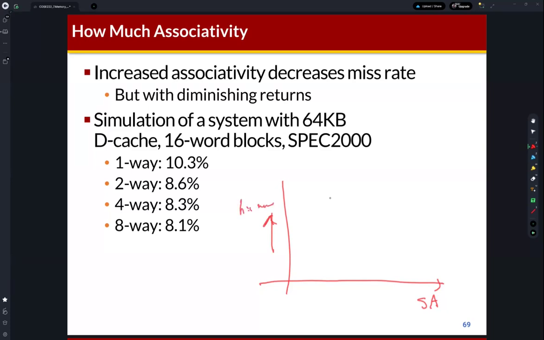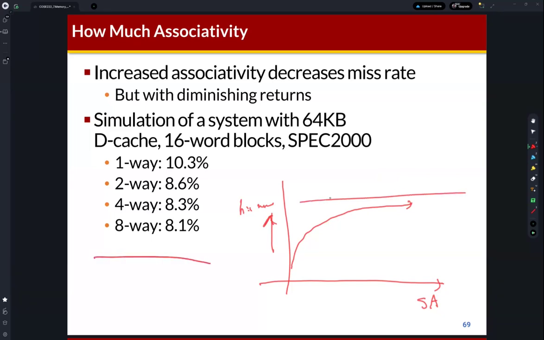And when you measure the hit rate of an application, it's not linear. So when you measure the hit rate of an application by changing the set associativity of the cache, the hit rate actually saturates.